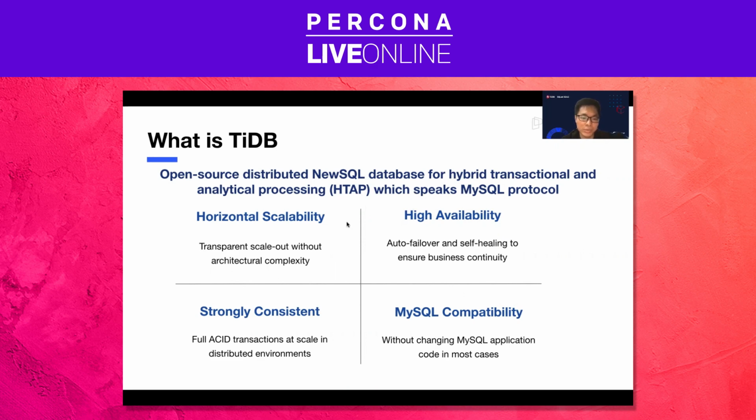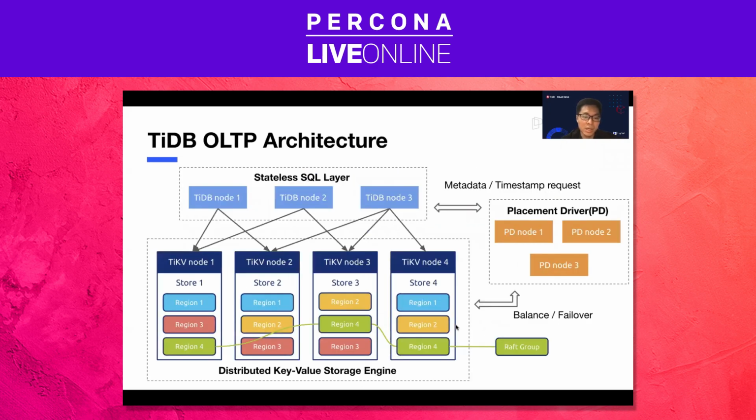There are some characteristics of TiDB. It's horizontally scalable, it's highly available, it keeps strong consistency, and in most cases, it's compatible with MySQL. Here's the architecture of TiDB.